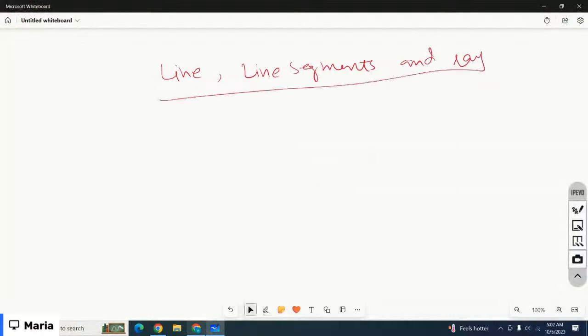First we are going to see what is a line. This is the line, and it never ends.